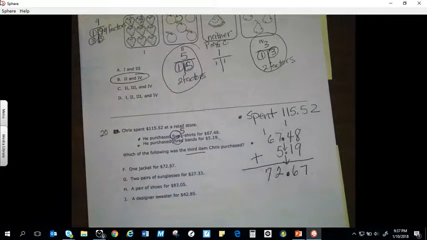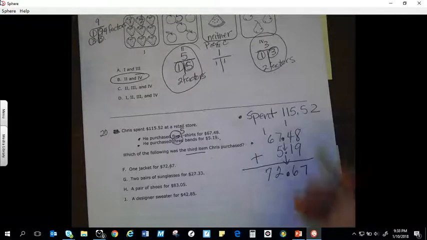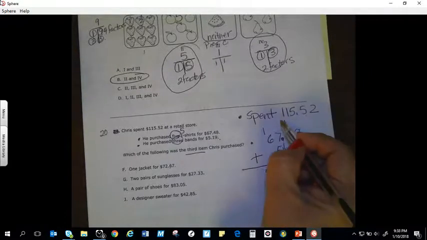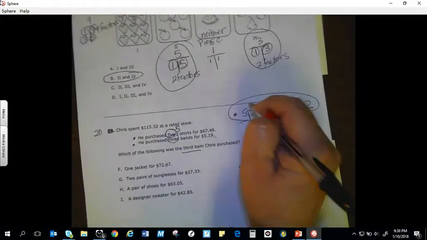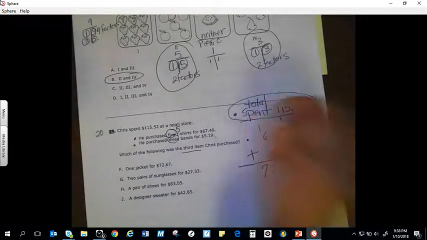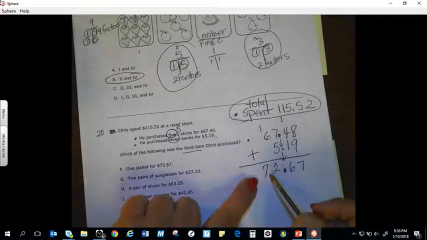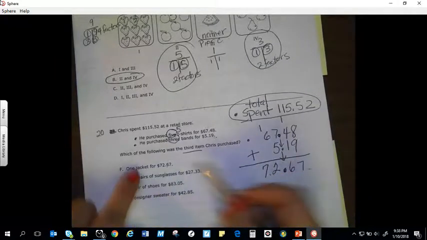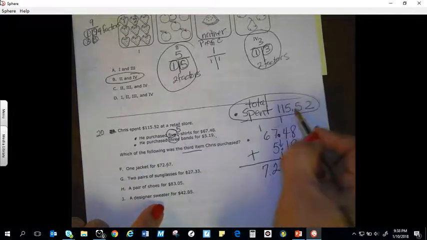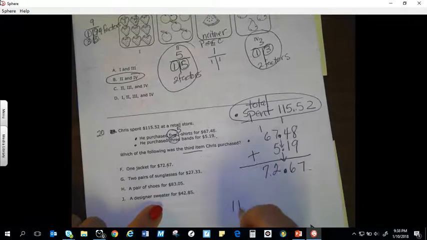Okay, but you see it right here. How many of you went and said, oh, it's the jacket, because that's what it is? They're going to trick you. Because what you have to do next is take how much the total he spent. Total spent. So you need to take $72.67 and add it here to get this, or subtract it out.